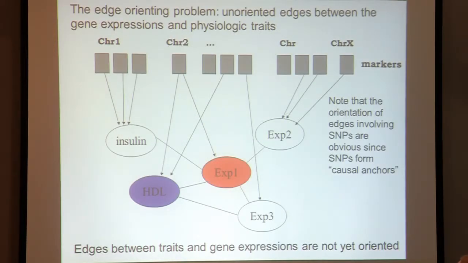Now, just to give you an intuitive reminder of what an edge orienting problem is. Imagine you have these chromosomal SNP markers, various gene expression levels for various genes, and some clinical or physiologic traits such as insulin levels or HDL levels.